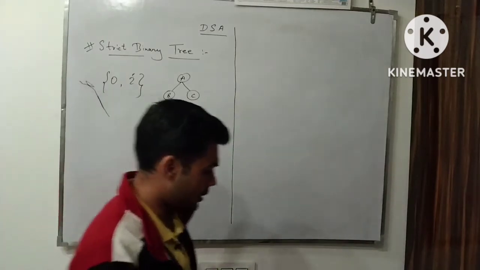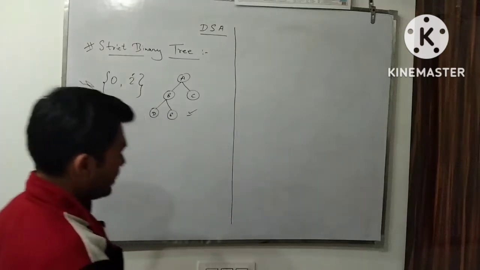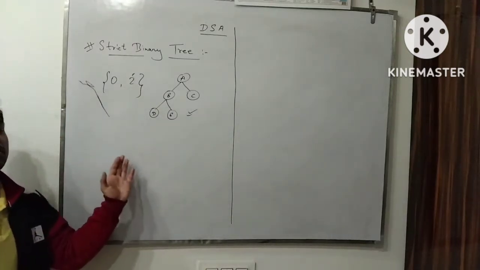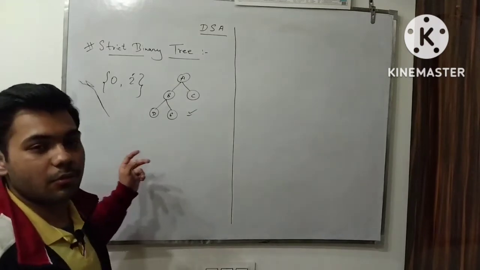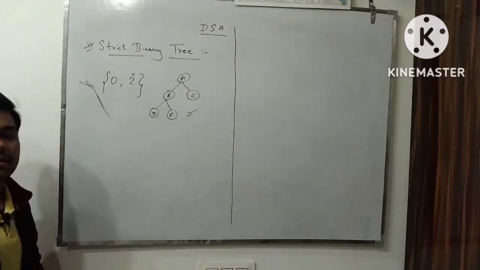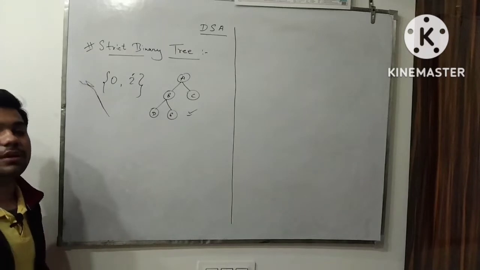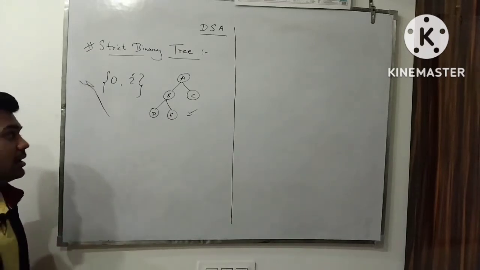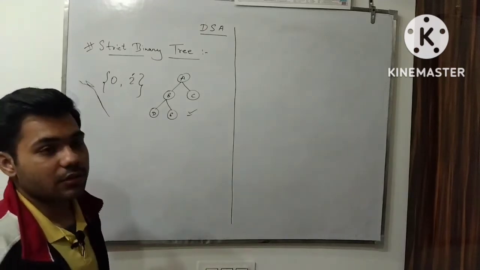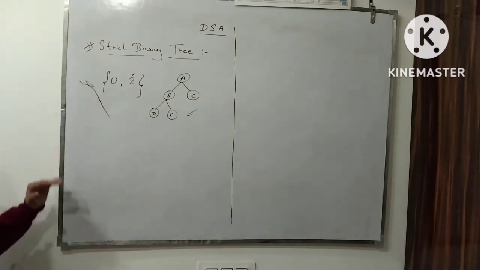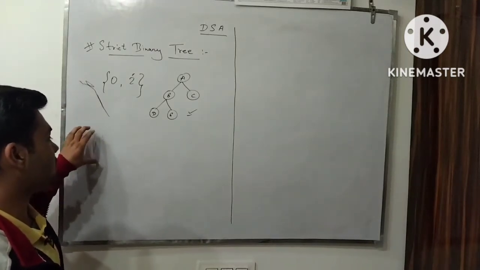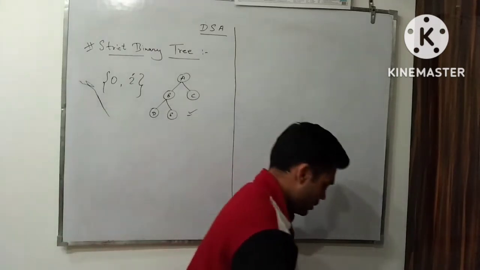Okay, next. Similar to the last video, where we discussed height versus nodes in two cases: if the height is given, how to find the number of nodes, and if the nodes are given, how we can find the height. Similarly, here also we are going to derive the formula for both cases.